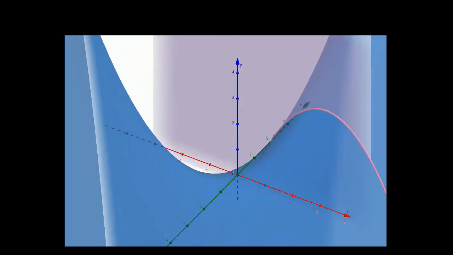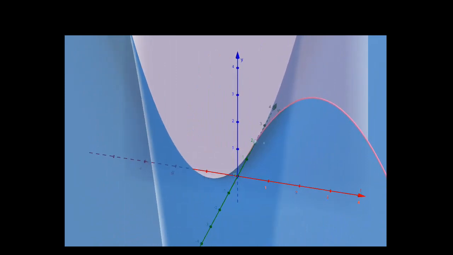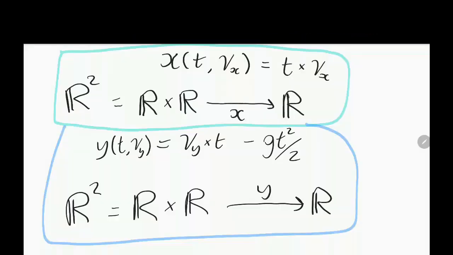So you can see that that's what happens when our initial vertical velocity is positive: the thing initially goes up, but eventually the deceleration due to gravity catches up with it.